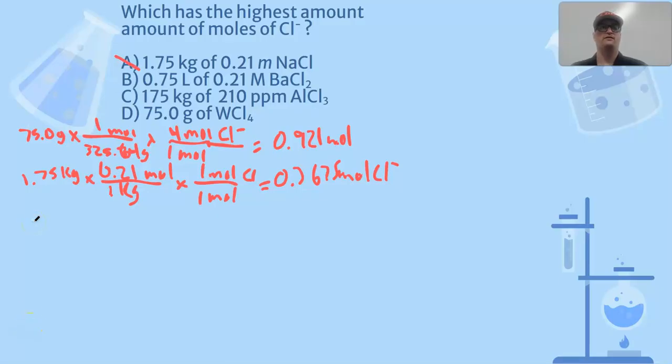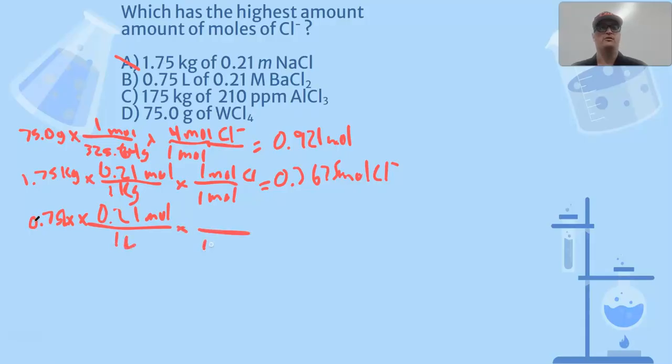So if I'm looking at my molarity, B, 0.75 liters. My molarity, 0.21 moles for every 1 liter.